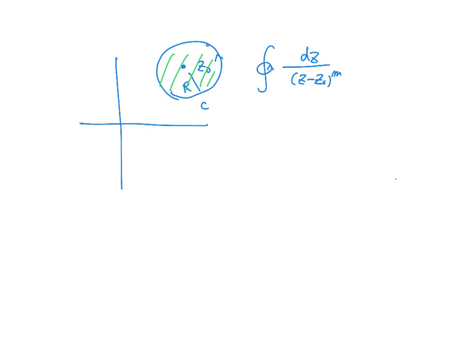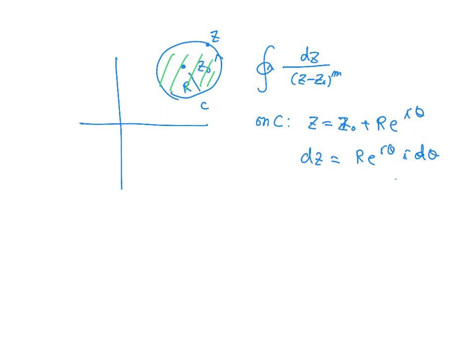Then any point z on C can be written as z naught plus r exponential i theta, right? And same as before, dz is r exponential i theta, i d theta.